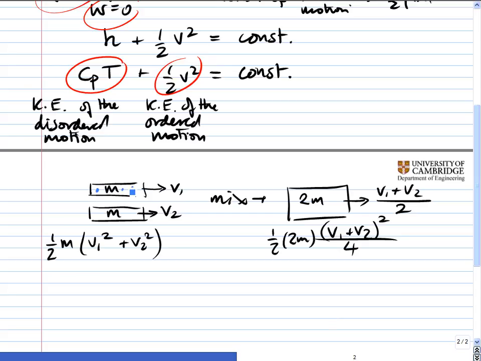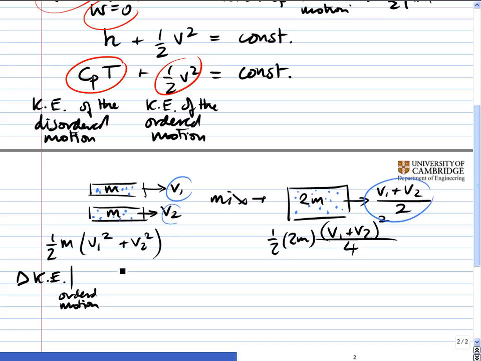So let's think of this in terms of atoms and molecules. We can imagine all the molecules zooming around in here with an average bulk velocity of v1. We've got all the molecules zooming around in this bit of fluid that have an average or bulk velocity of v2. Here they're zooming around, as we'll find out, a little bit faster than they were before, having collided with each other, but they've exchanged their bulk velocity to average it out to v1 plus v2 over 2. So let's look at the change in the kinetic energy of the ordered motion.